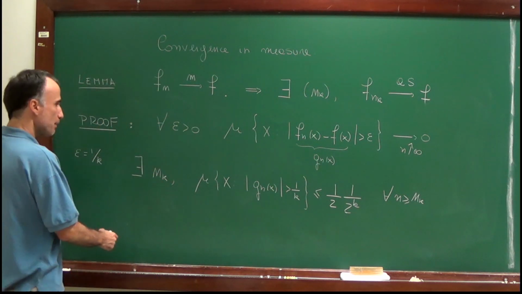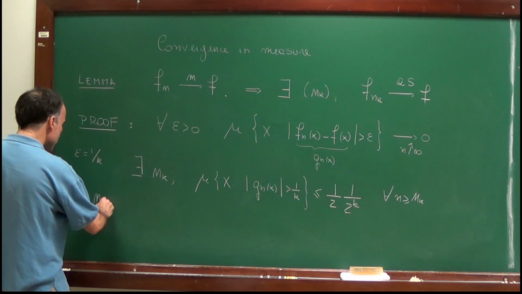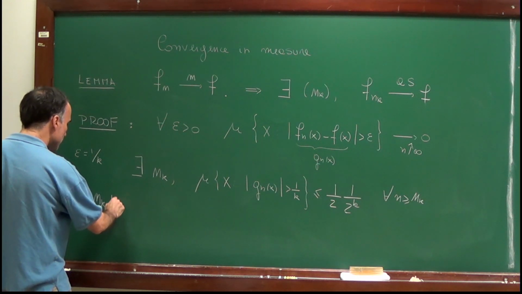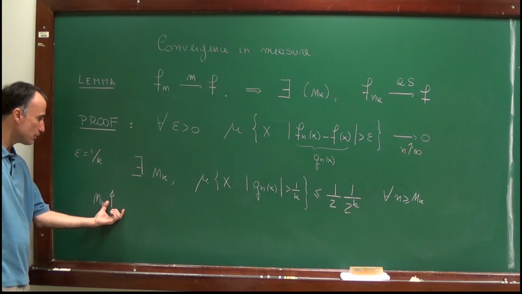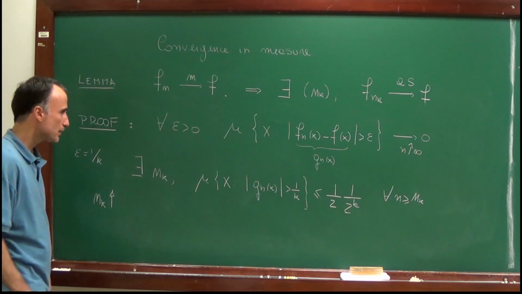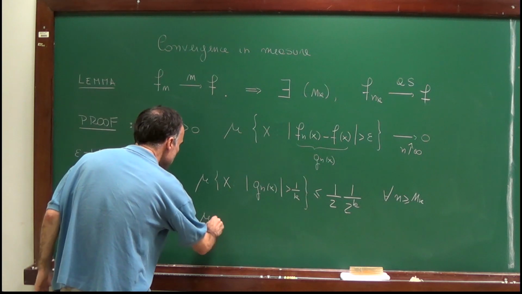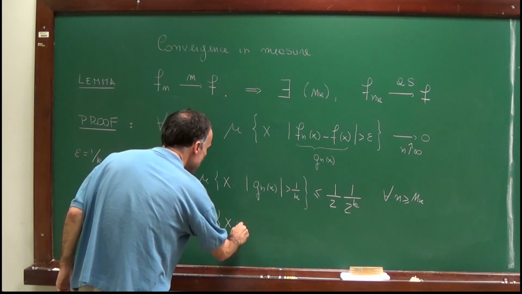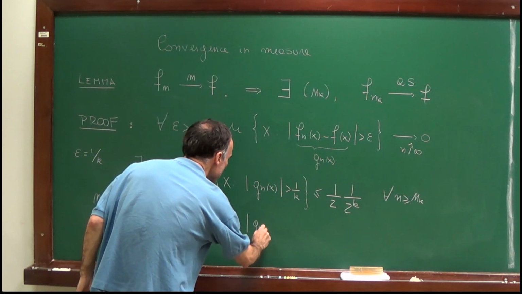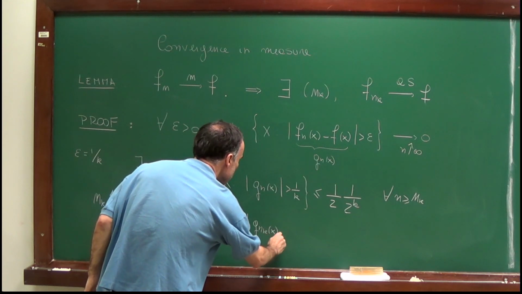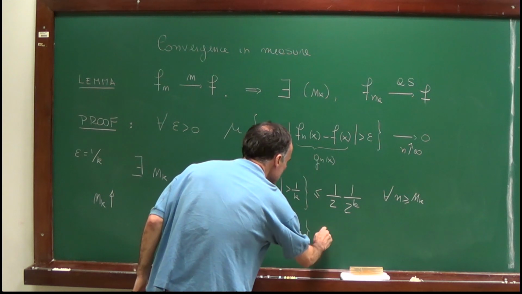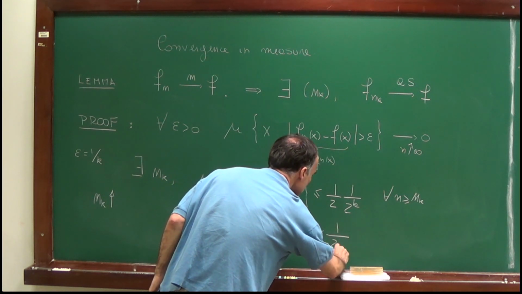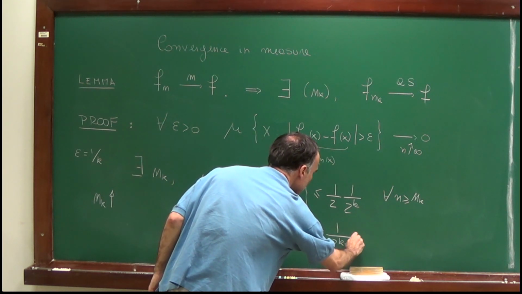So in particular, I can find a sequence nk which is increasing, so I want nk to be smaller or equal to nk plus 1, such that the measure of x such that G_nk(x) is larger than 1 over k is smaller than 2 to the power k plus 1.